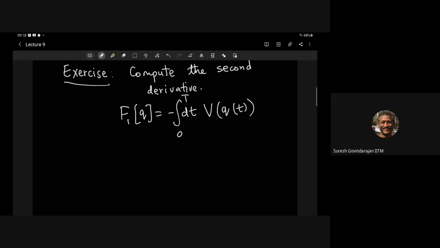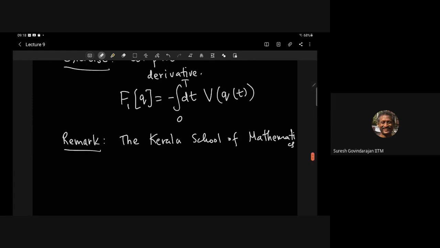Okay, so just another historical remark in the context of calculus. The Kerala School of Mathematics knew about Taylor series to second order.